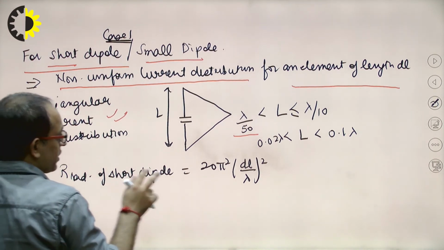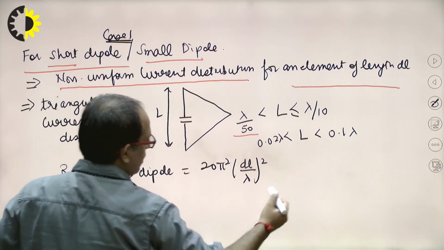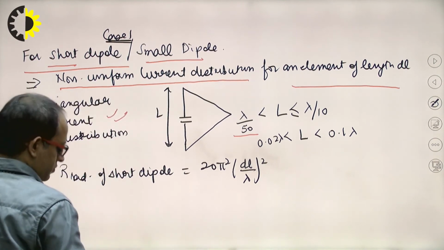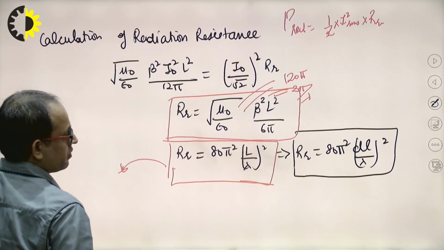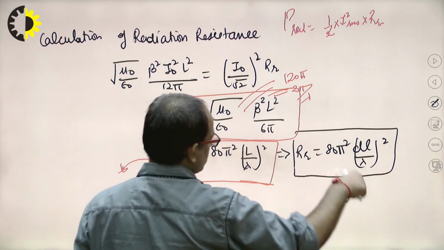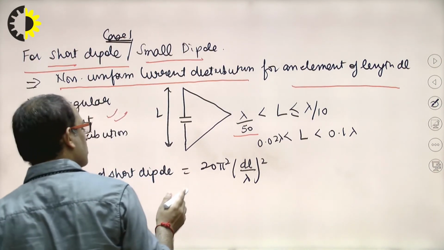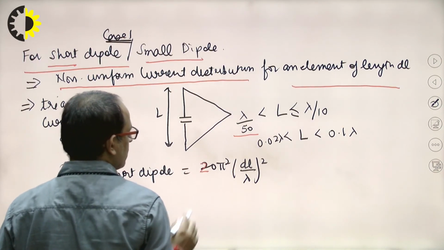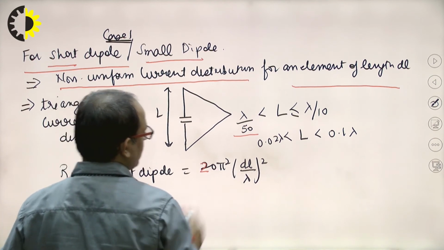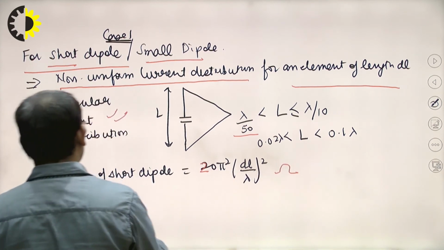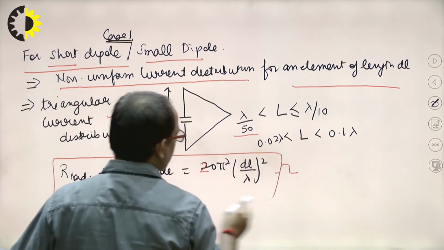In that case, the radiation resistance of a short electric dipole will be divided by 4. Just take 1/4 of this one. You will get 20 pi square dl square divided by lambda square. This one is the radiation resistance of a short electric dipole.